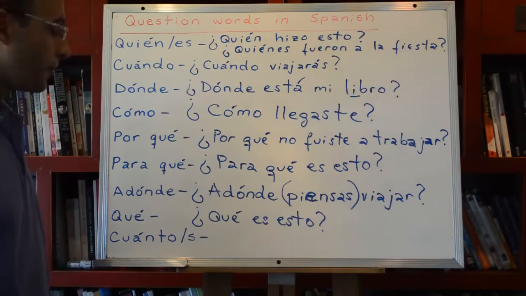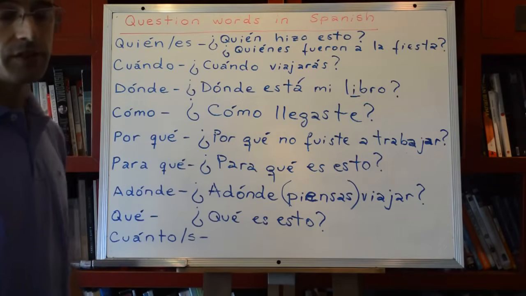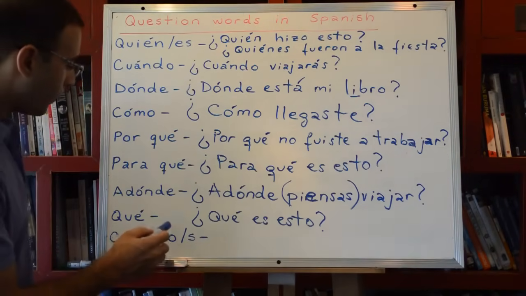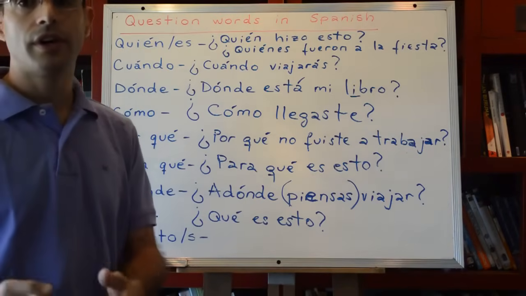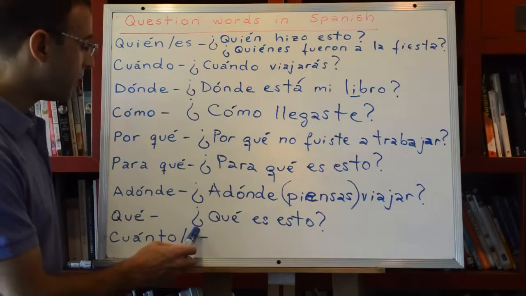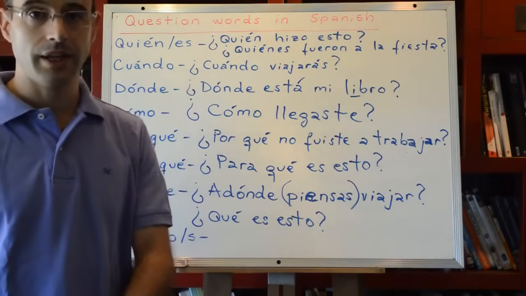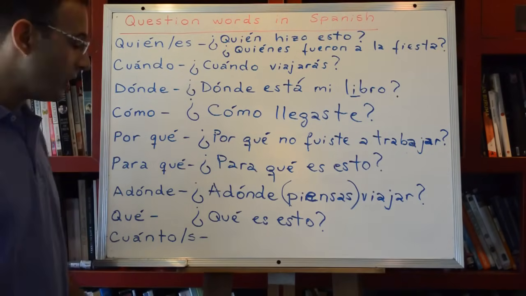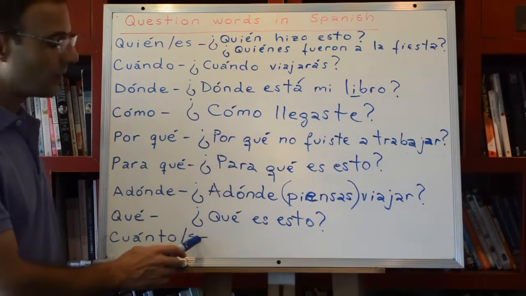The last one, cuánto or cuántos. Okay, this means how many or how much. So, cuánto, without the S at the end, is for uncountable, would be how much. And with the S at the end would be how many, for countable, okay? To remember this easily, remember that plurals in Spanish carry an S at the end.